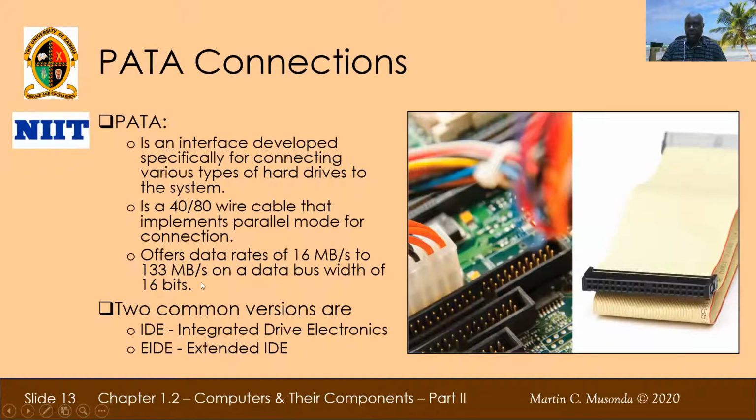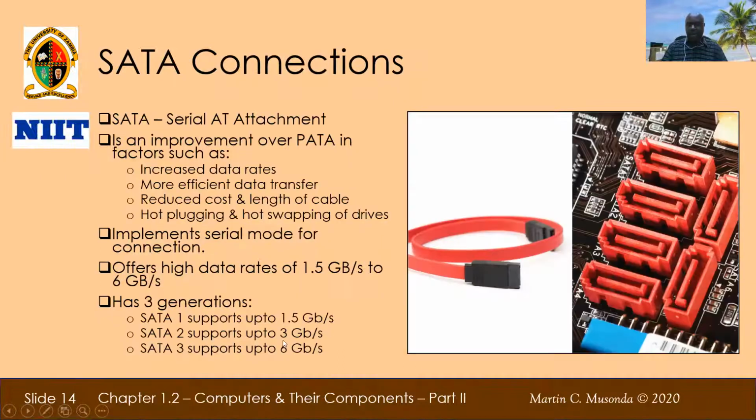Now, if you compare that with the speeds that are offered by PATA, you can see that they are much, much faster. You're talking about 133, some can go up to 233 megabytes. But with SATA, we're talking about some going as far as 6 gigabytes per second.